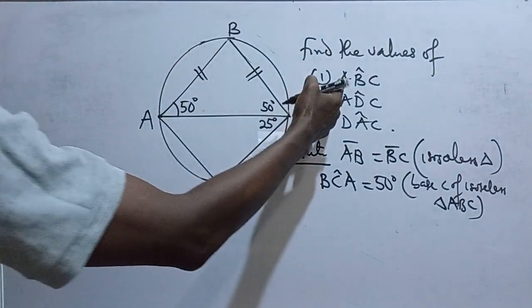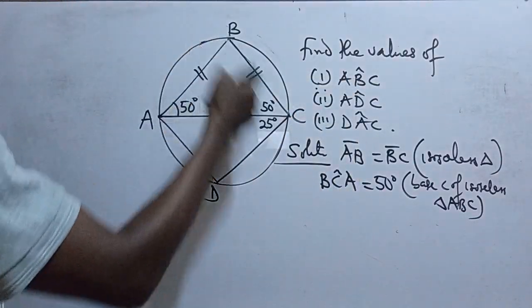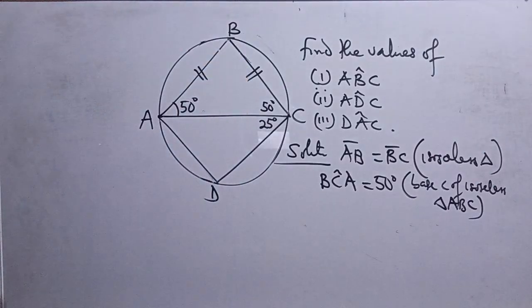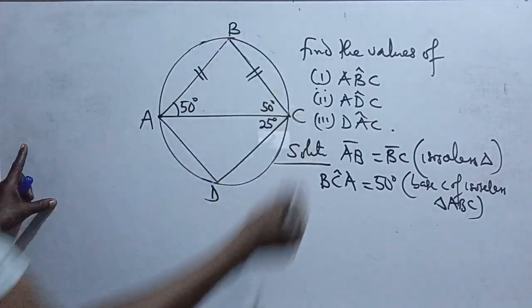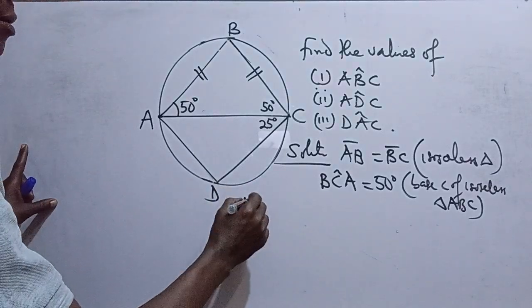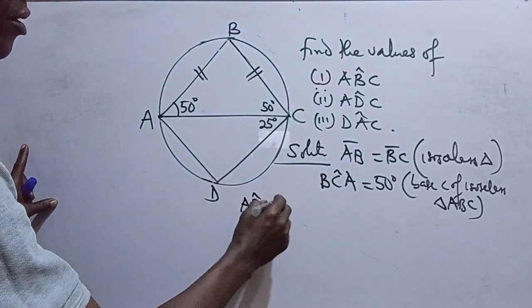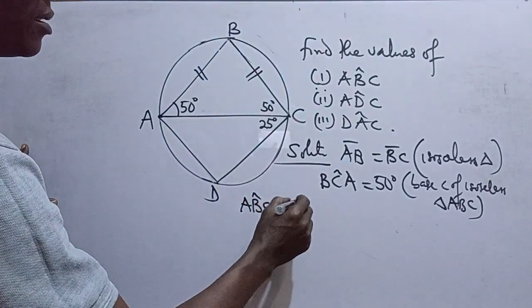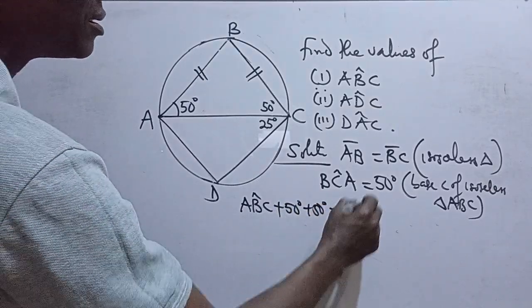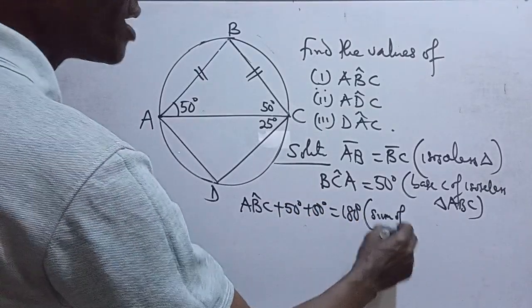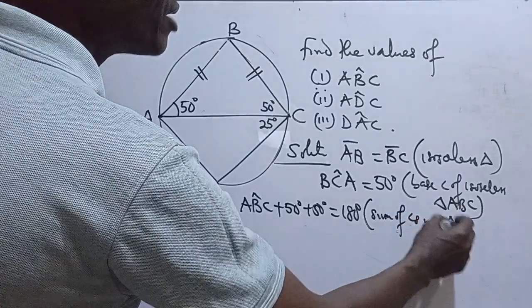Now to get ABC, which is this angle, is very easy. Adding these together and subtracting the result from 180 gives this. So ABC plus 50 degrees plus 50 degrees is equal to 180 degrees. Reason: sum of angles in a triangle.